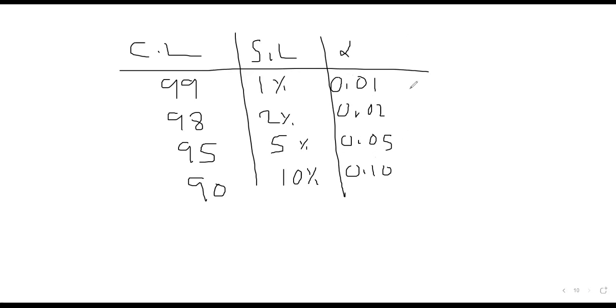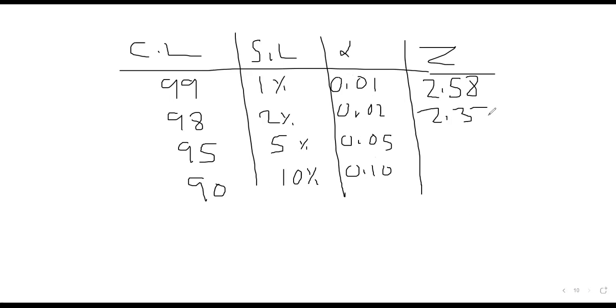Then we learned how to get this from the tables, but if you didn't learn, you can still memorize. 99% is equal to 2.58, 98 is 2.33, 95 is 1.96, and 90 is 1.645. So in our previous example, we're using 95%, so the Z that we're using is 1.96.